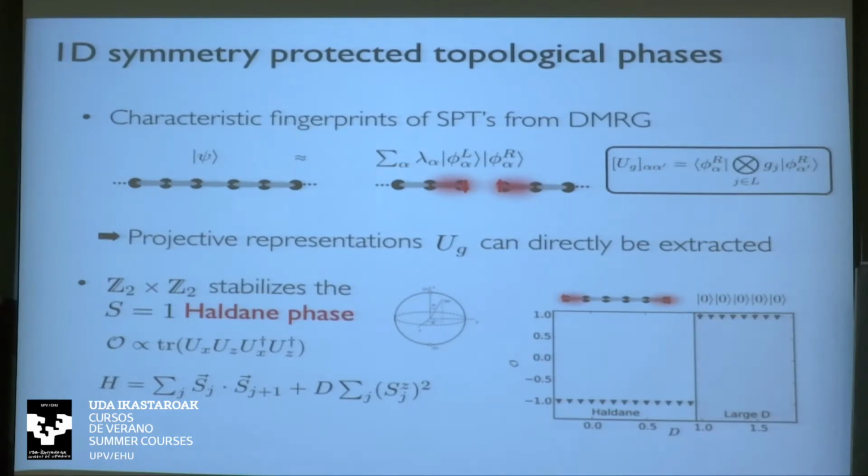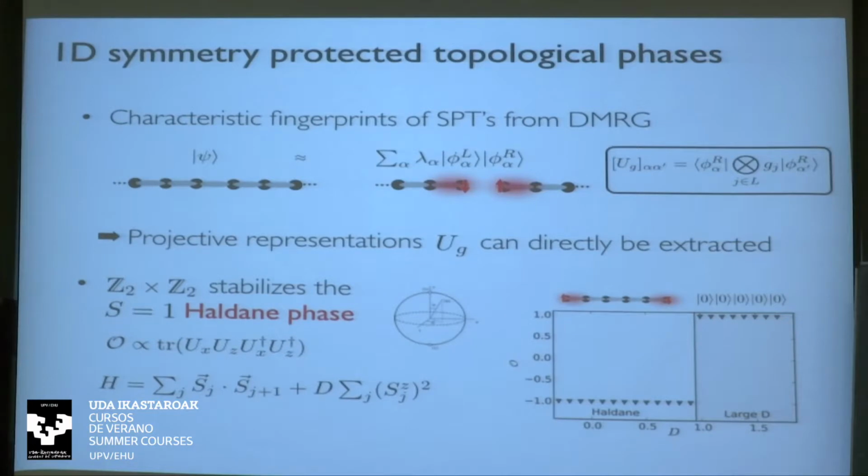Now we can take a Hamiltonian, for example the one here: the Heisenberg Hamiltonian, which has this Haldane phase ground state, and we add to it what we call a single ion anisotropy, D times the sum of Sz squared. If this term gets very large, then the ground state is simply the product state of Sz equals 0 eigenstates. So if I look only at this term, this is the exact ground state.